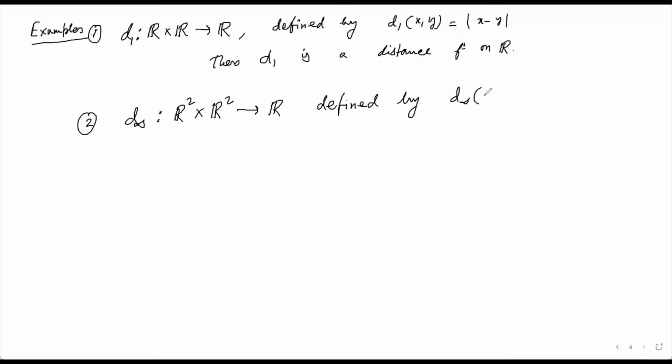A generic point in R2 looks like (x1, y1) and (x2, y2). Then d infinity is equal to the maximum of the absolute values of x1 minus x2 and y1 minus y2. This is a distance function on R2.